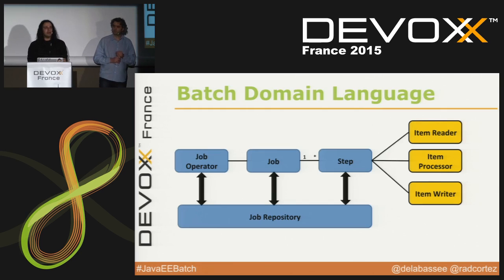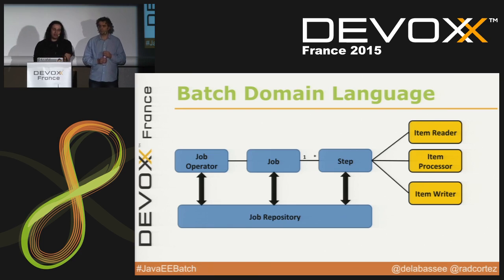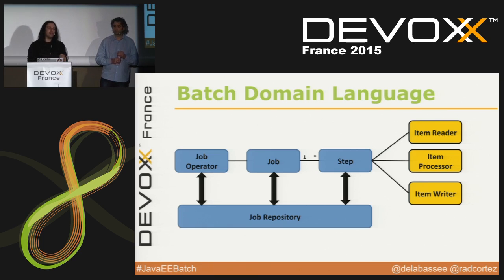So for you two guys to see, these are the diagrams that David and I were mentioning. Basically, this is the usual diagram that you have in Spring Batch, and now we also have it in JSR 352. Usually we have something called a job repository, which acts like metadata where all the job information is going to be stored.